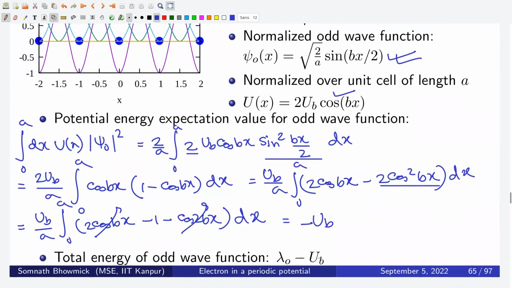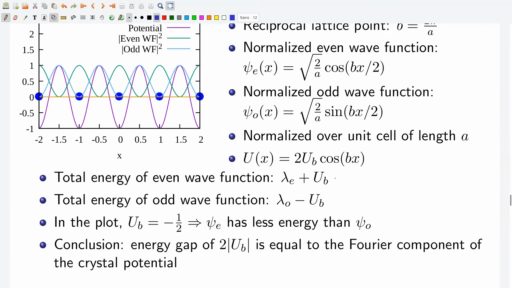We already have found the kinetic energy, thus the total energy of the odd wave function is kinetic energy plus the potential energy. Thus, we have derived that the total energy of the even wave function is lambda E plus UB, where lambda E is the kinetic energy.